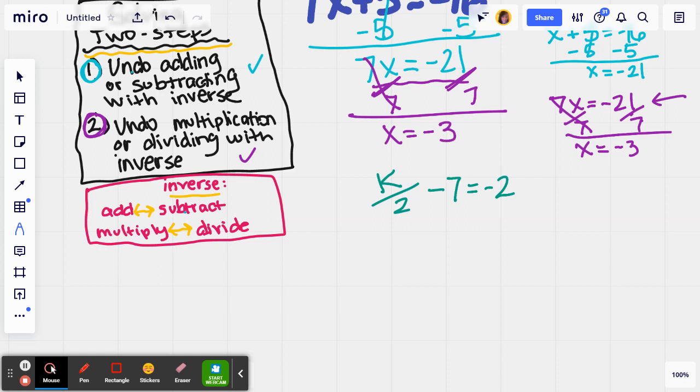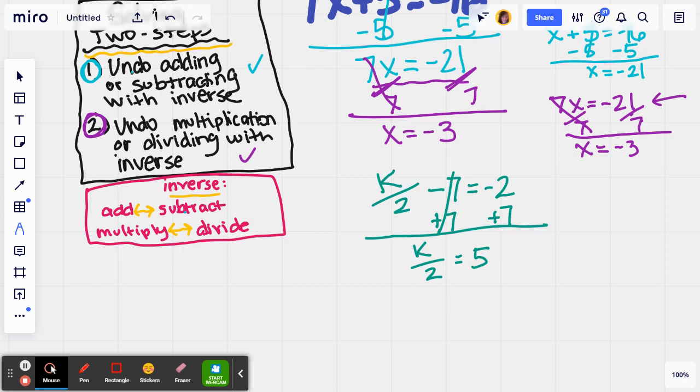Okay. All right. So let's go ahead and follow our directions. It says undo the adding or subtracting with the inverse. I see subtraction, so I know the inverse is to add. Here we go. I'm going to bring down my k over 2. My 7s are gone, equals, and I'm going to say negative 2 plus 7 is 5.